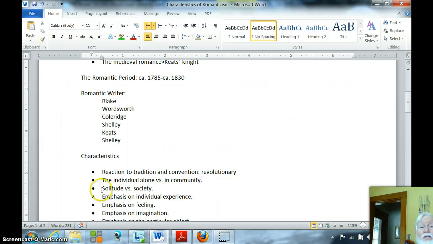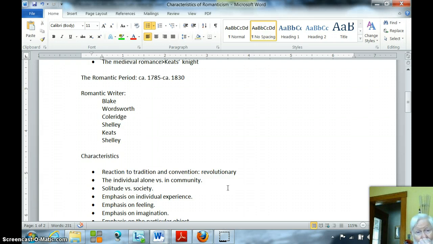So we see a lot of individuals in the state of solitude, being alone rather than being among people in society. So, for example, Wordsworth in Lines Composed Above Tintern Abbey, he's alone. The speaker in that poem, who is Wordsworth, is setting himself out in the country. He is looking at the landscape.